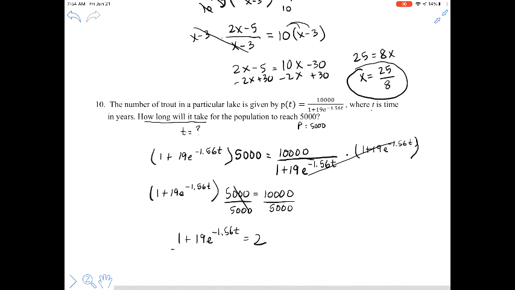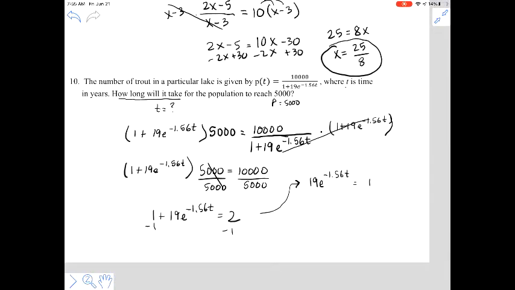And then I can subtract 1. Divide by 19. And now I can solve for t.